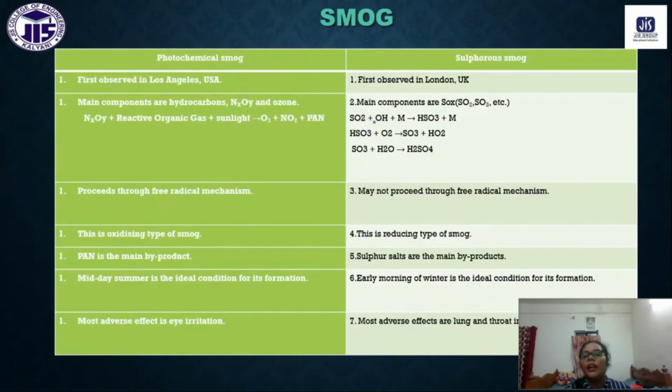Okay, so these are some of the differences between photochemical smog and sulfurous smog. Generally, in photochemical smog, PAN is the main harmful reagent, and for sulfurous smog, sulfur dioxide is the main reagent. Photochemical smog reactions take place in the presence of light energy and proceed through a free radical mechanism, while sulfurous smog doesn't need any light energy.